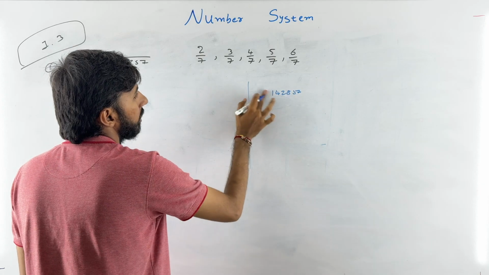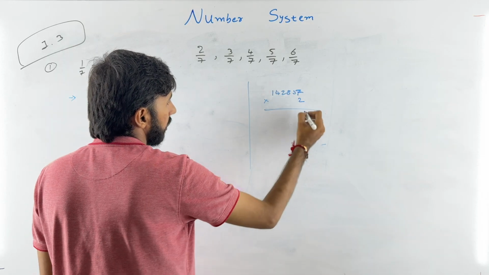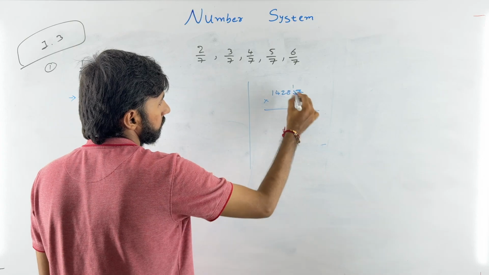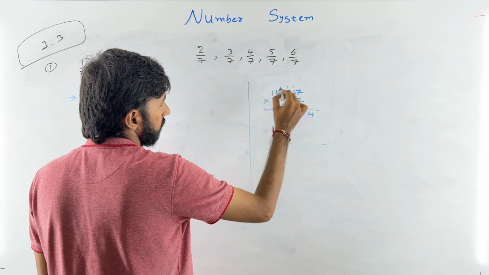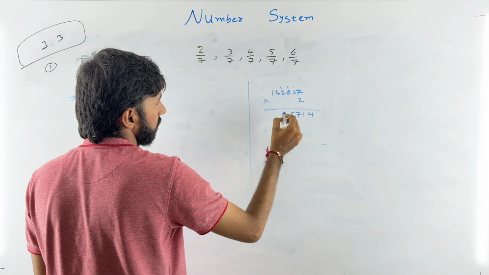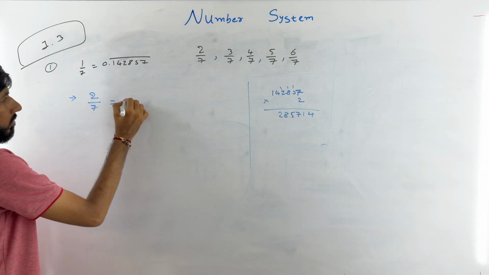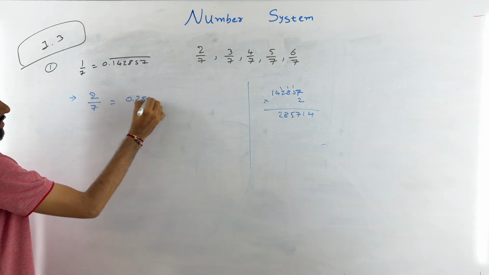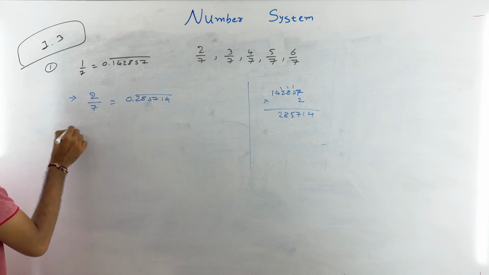0.142857. You can directly multiply only this part by 2. The answer will become 0.285714, and there is a bar also, right?